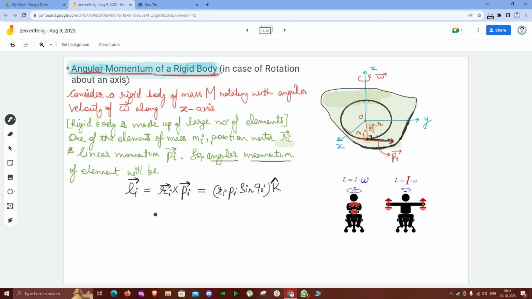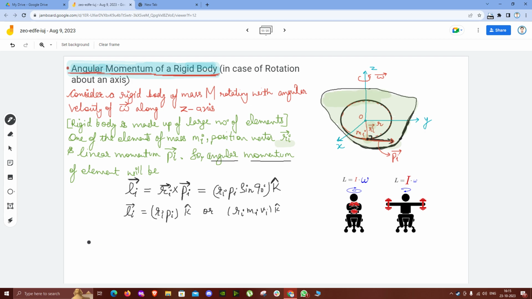And also we know that sine 90 is 1, so li vector will be ri pi k cap. Or we can also say, what is pi? Mass into velocity. So ri mi vi k cap.